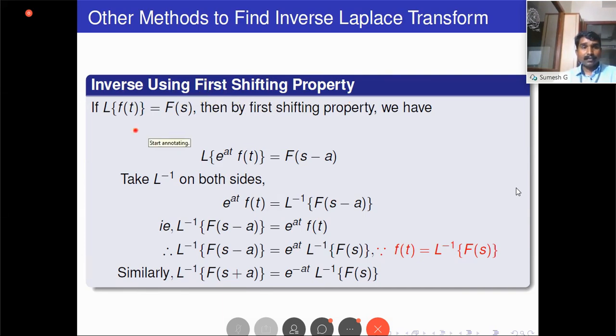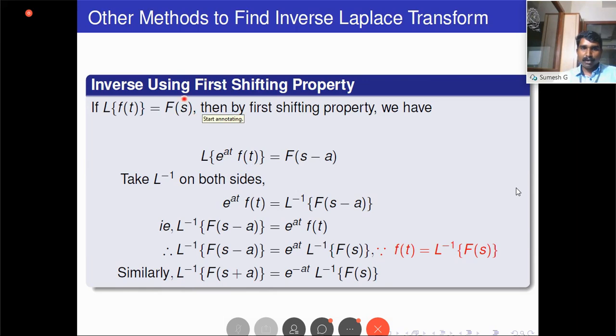The first shifting property: if the Laplace transform of f(t) equals capital F(s), then the Laplace transform of e raised to at into f(t) equals F(s − a). So if a function f(t) is multiplied by e raised to at, to find its Laplace transform we apply the first shifting property, and it is obtained by replacing s by s − a in the expression F(s).